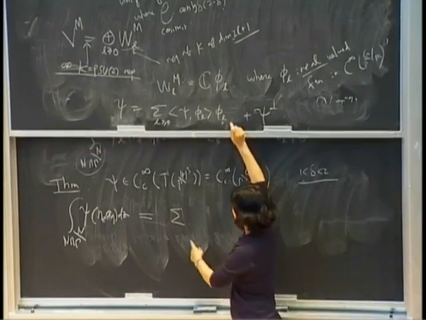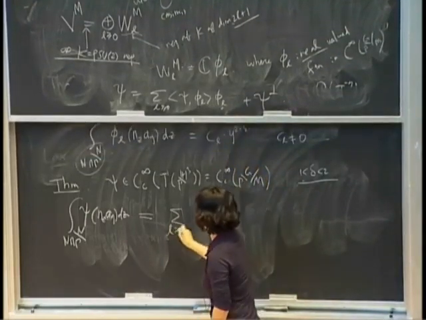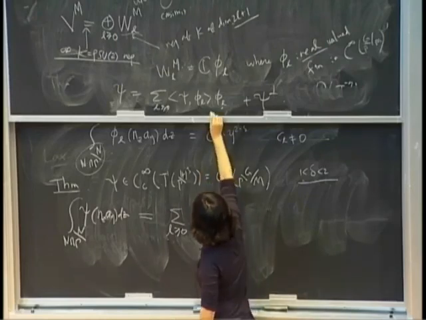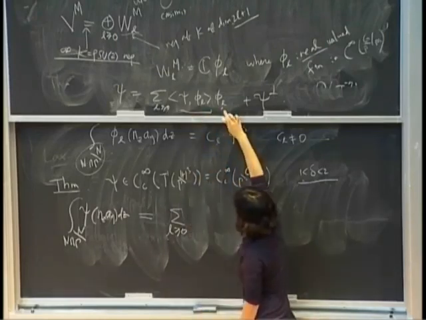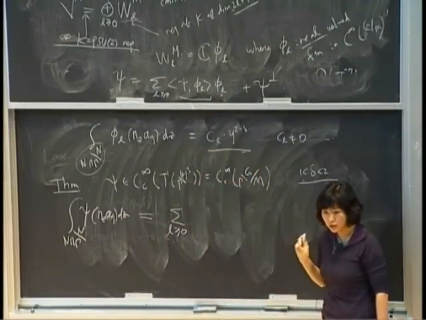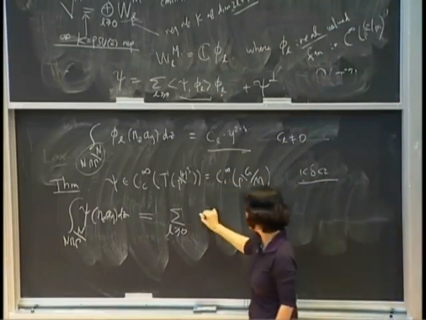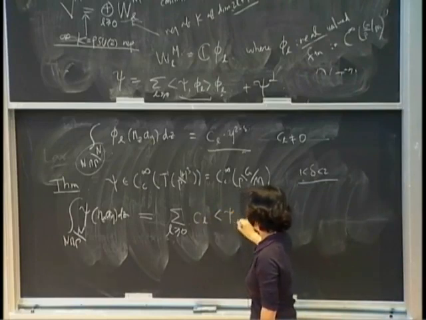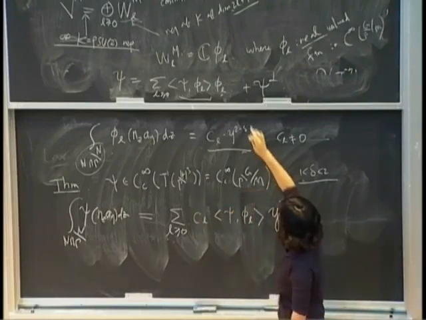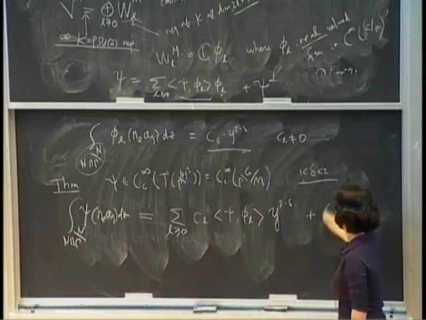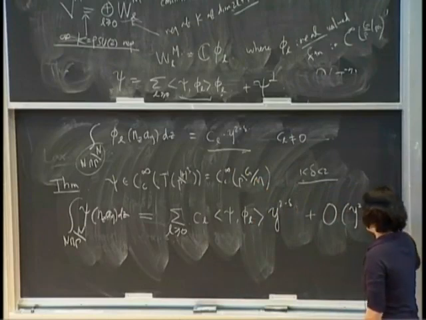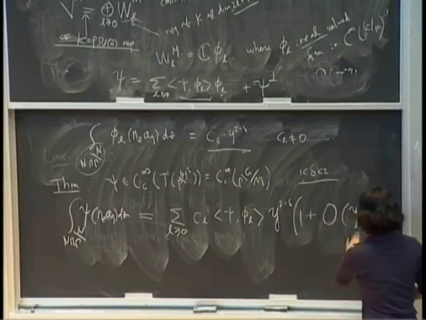So therefore, what we expect is this: we get the infinite summation over L, and then this integral with respect to psi L looks exactly like this. So that's what we prove. Therefore, here it will be C_L times psi phi L, and then y to the 2 minus delta, which comes from here, plus O of y to the 2 minus delta plus eta. Or I can simply also write like this.